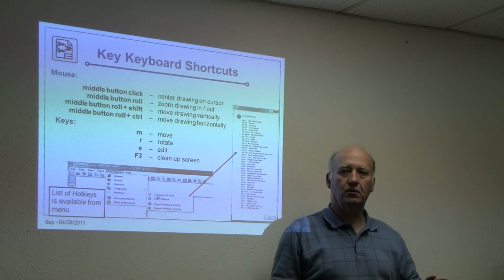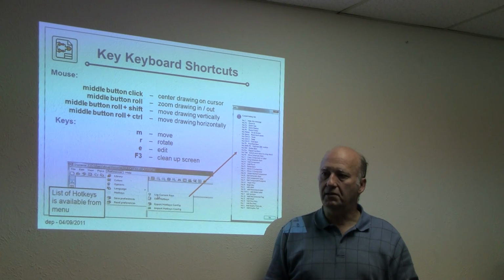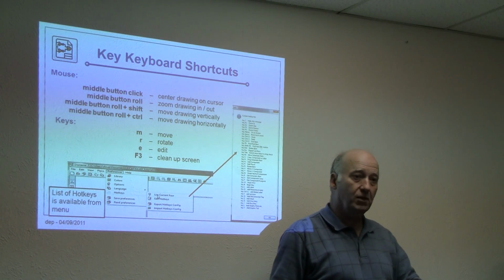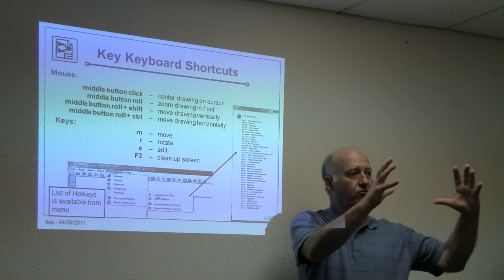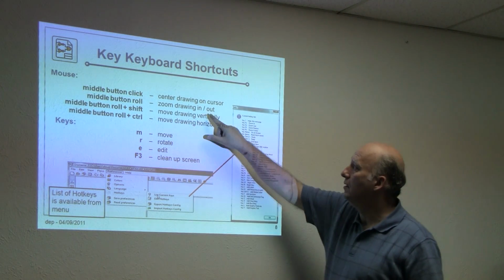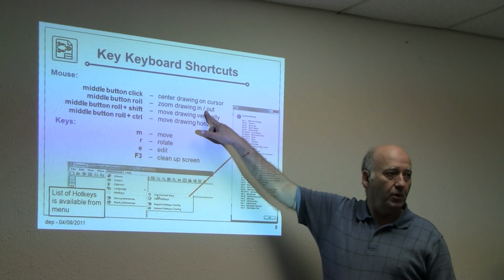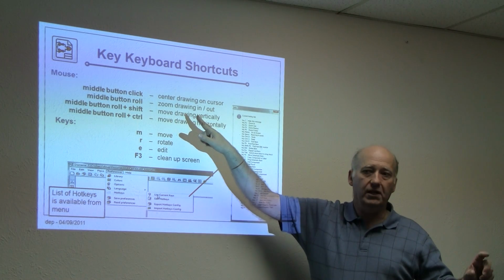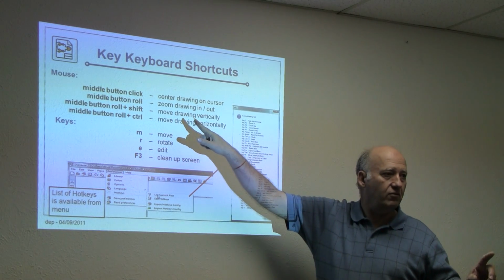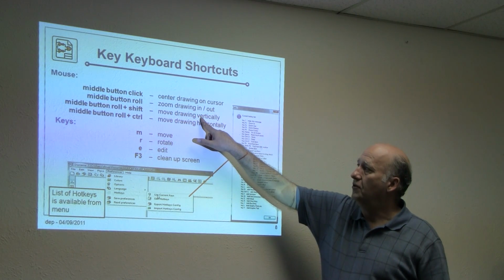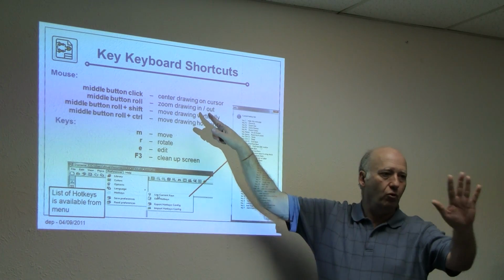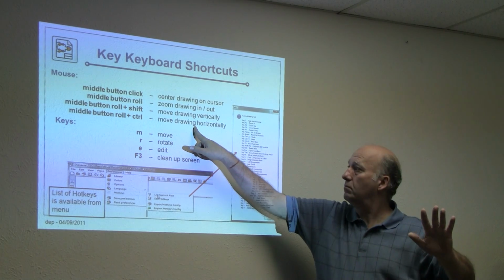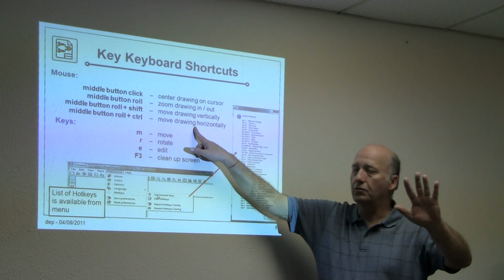So if you want the center of the PCB to be the center of the screen, you click on the center of the PCB, and even if it's off on the side, it'll jump to the middle. If you roll the button, it'll zoom in or out, so it's very easy to get the size to fit your screen. If you hit the shift, it will move the whole screen vertically, and if you do it with the control button, it'll do it horizontally.